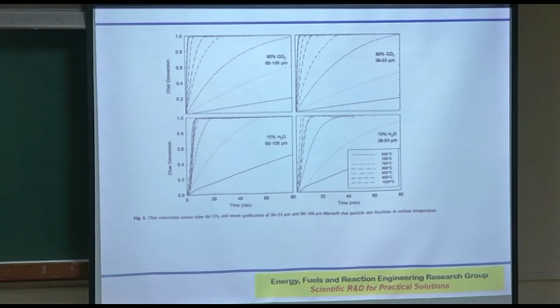Okay, so once it has reached your desired experimental temperature, then you start injecting the reacting agent, which is carbon dioxide or steam or a mix of them, so that you are not doing the gasification from the beginning.